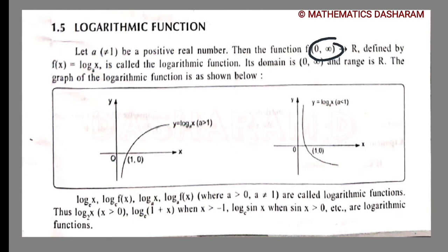We are taking the elements from 0 to infinity, so 0 to infinity is called the domain, and when you substitute those elements in the function and get the answers, that set is called the range. So R is called the range. The graph of this logarithmic function is given here in two graphs. This one is the graph of y equals log x base a with the condition a greater than 1.